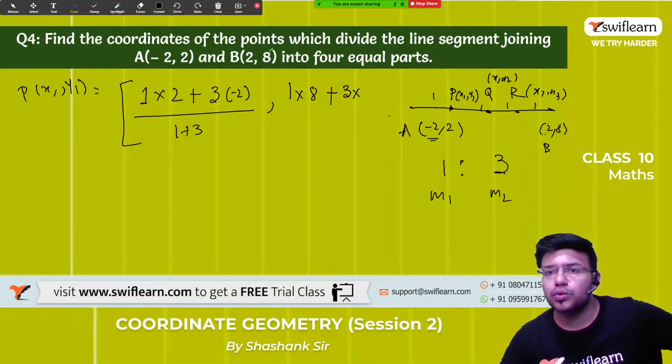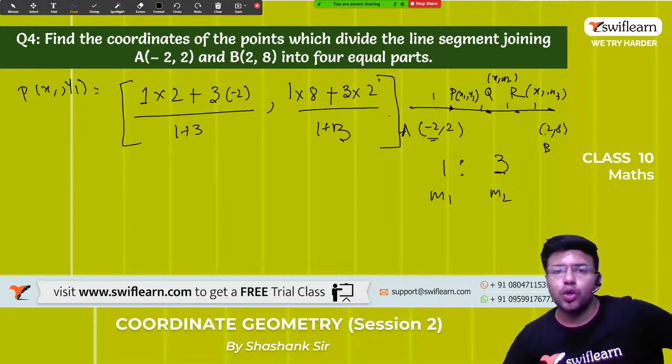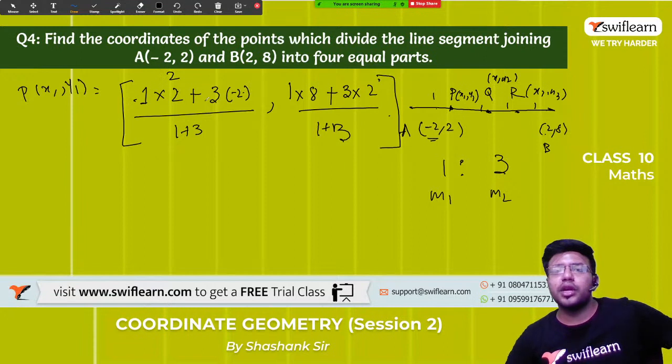Okay, it is plus 2, so we need to put a bracket, divided by M1 plus M2. 2 into 1 is 2, 3 into -2 is -6. So 2 minus 6 is -4, 3 plus 1 is 4. So -4 by 4, how much is that? It is -1.